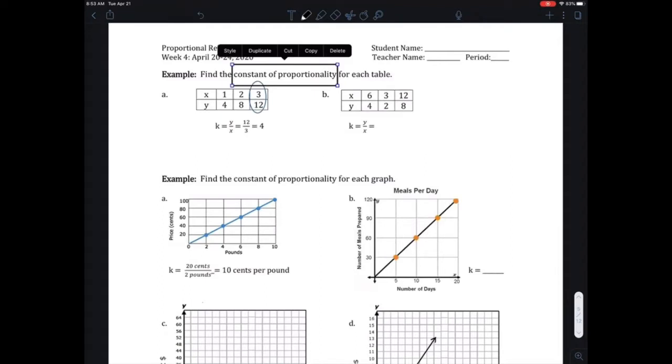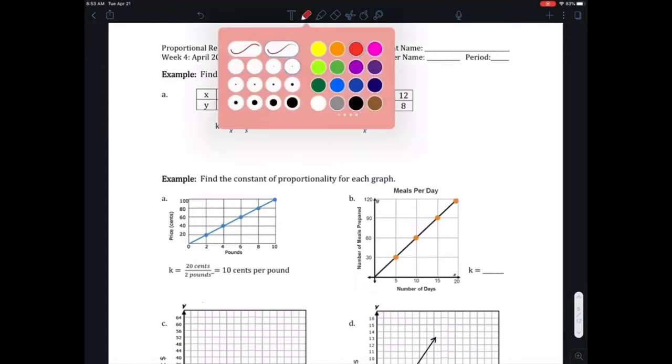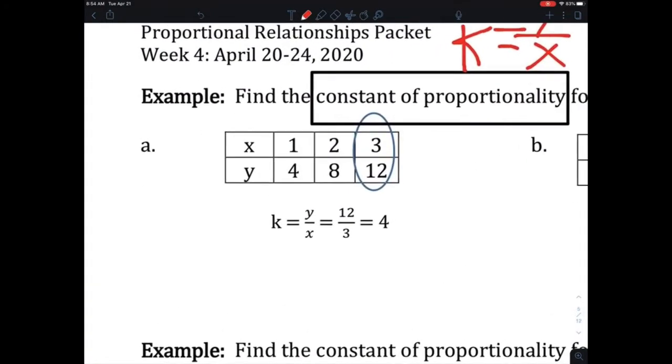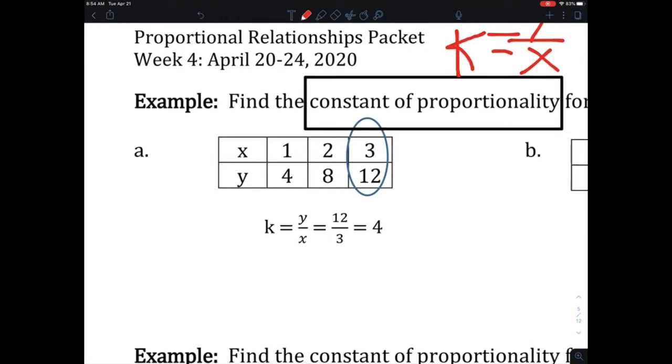So anyways, constant proportionality. If we look back at our formula charts, we know that to get the constant proportionality, that's the same thing as saying k equals y over x. Let's look at example A. Here in example A, they're specifically telling you to use these two numbers right here.